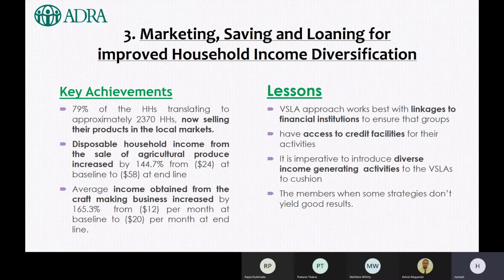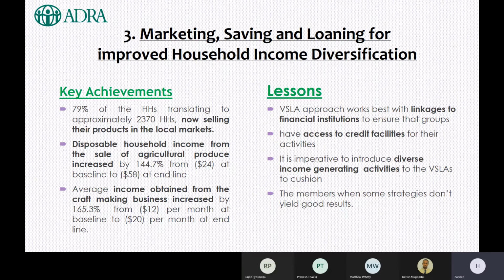Then another achievement was the average income obtained from craft making. I have mentioned this is a community well known for craft making, and their market was not so good. They are somewhere interior, and maybe they lacked adequate networking for marketing their craft products.